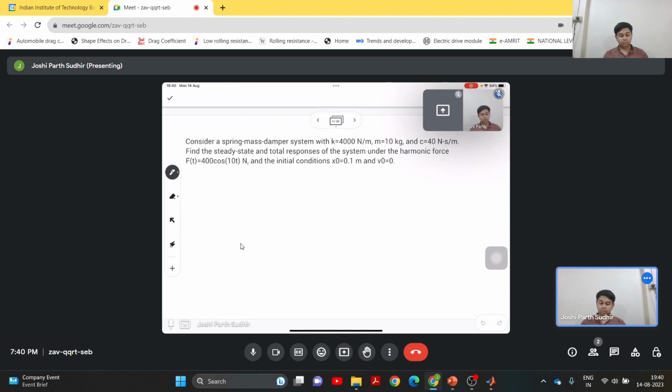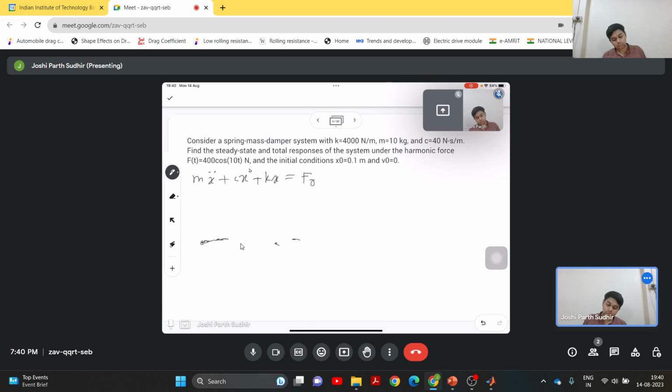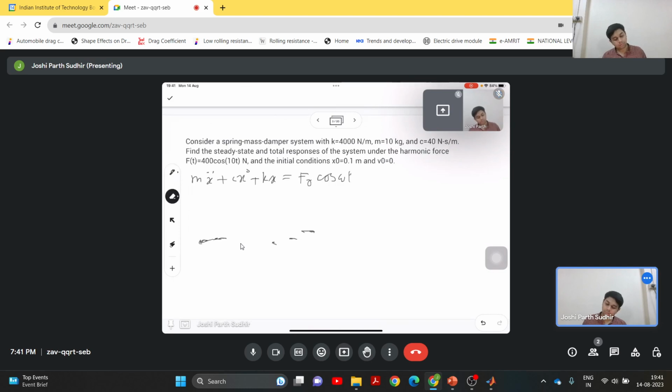So now we know that we can write down the equation of motion of the system as m x double dot plus c x dot plus k x is equal to f naught cos omega t.